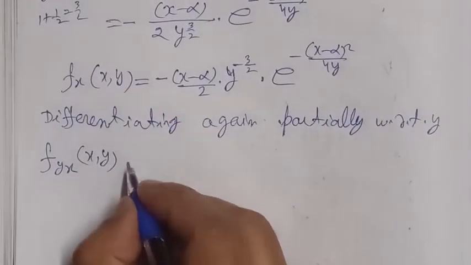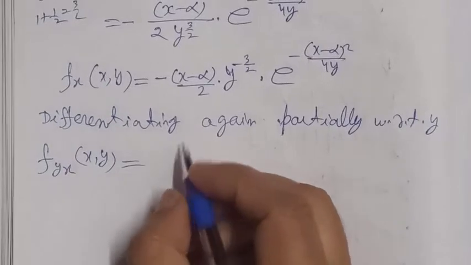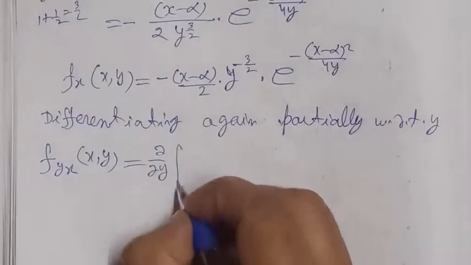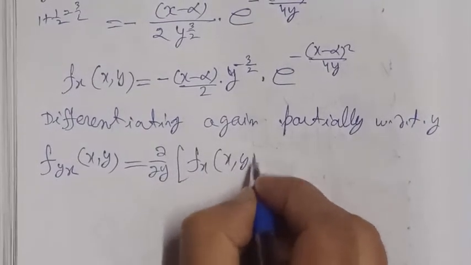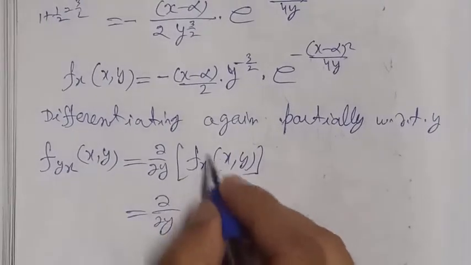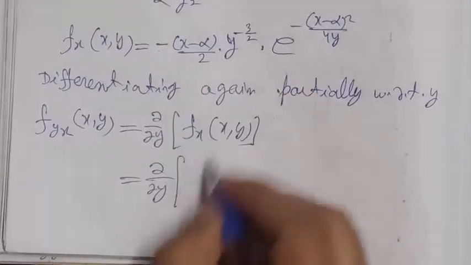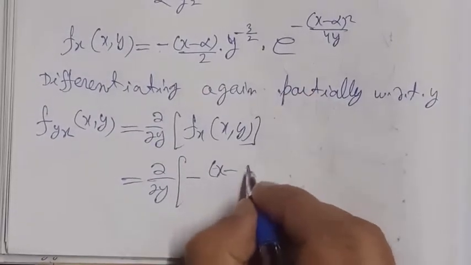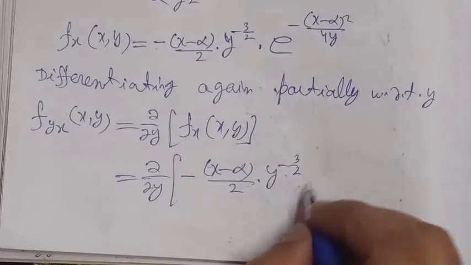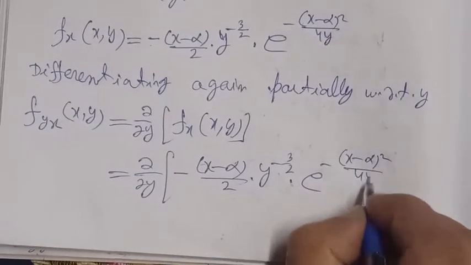It comes on differentiating this value with respect to y, which is equal to del over del y of f_x(x, y). Now I put the value of f_x, which is this value: minus (x minus alpha) upon 2 into y to the power minus 3 by 2 into e to the power minus (x minus alpha) whole squared upon 4y.